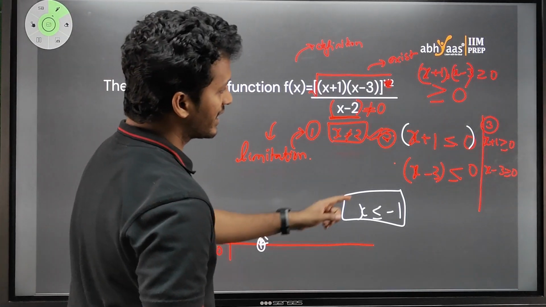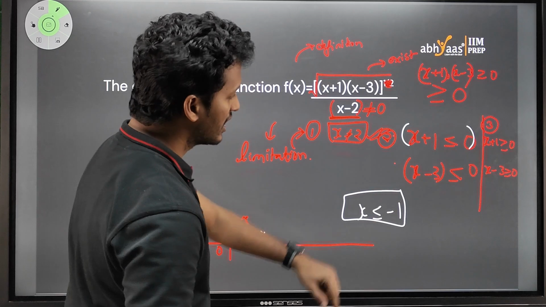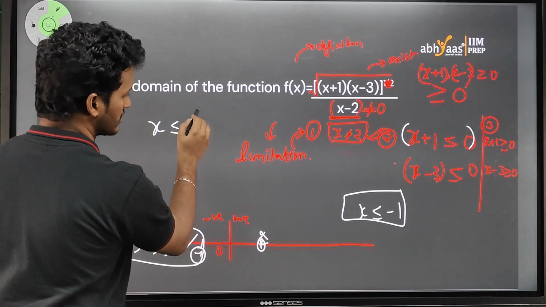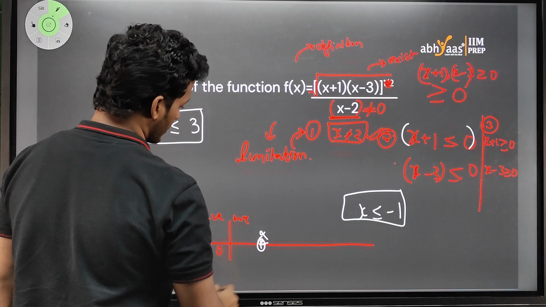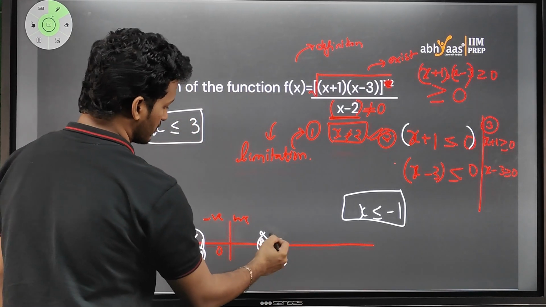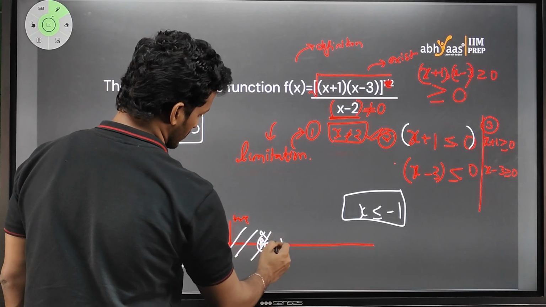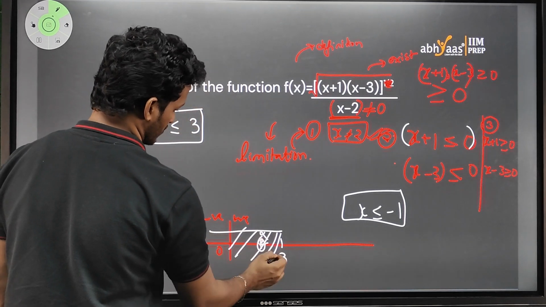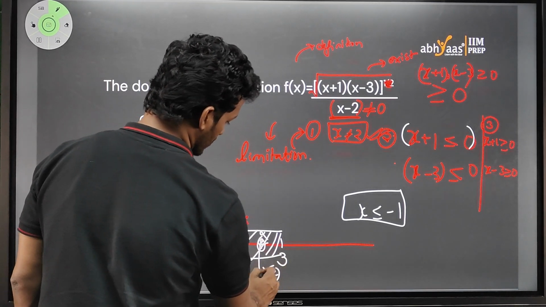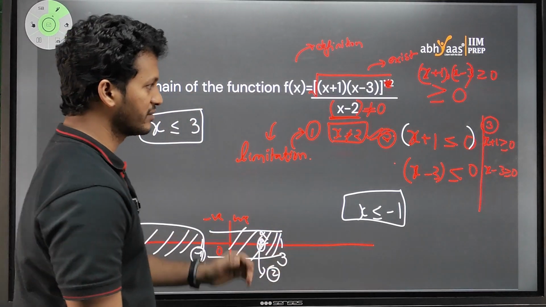Fine. And next, x minus 3 less than or equal to 0. That means x less than or equal to 3. Okay, this is the value of 3, this whole system, and yes, we have to exclude 2. Okay, 2 has to be excluded, remember that.